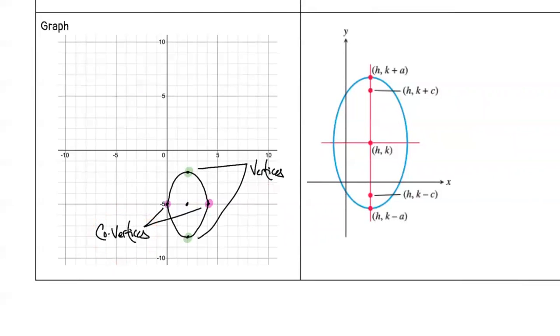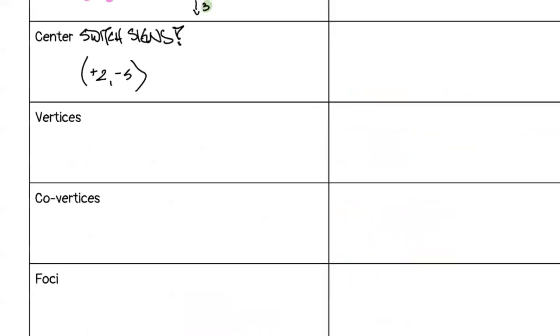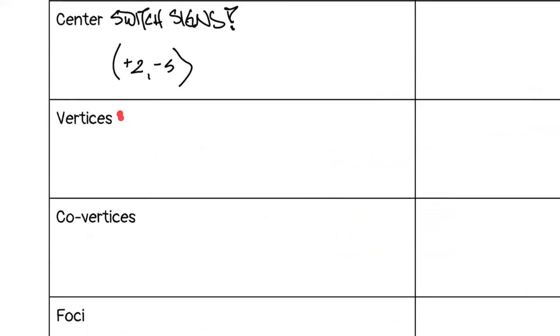Okay. You know what those points are. It's more just connecting the language in your brain. So we're going to go back up here. Vertices, we're going to write further away from center.